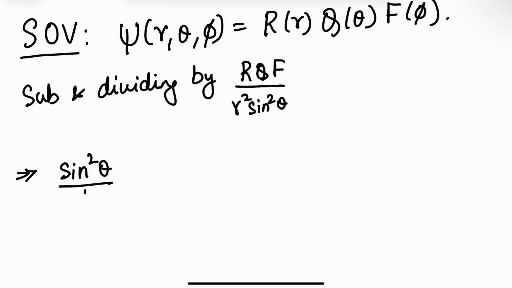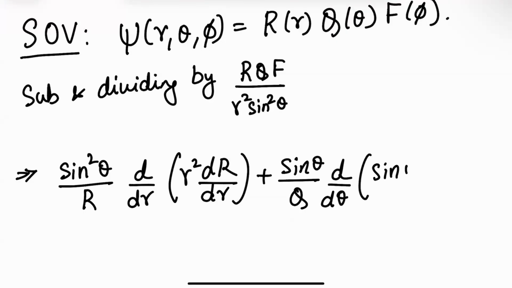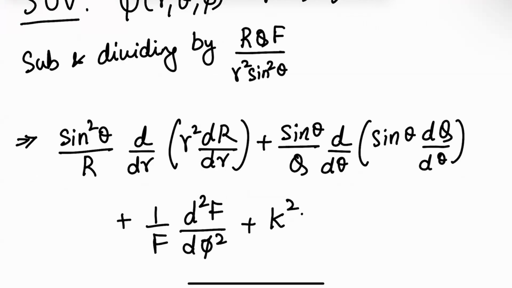sine squared theta over R, d over dr, r squared dR over dr, plus sine theta over Q, d over d theta, sine theta dQ over d theta, plus 1 over F, d squared F over d phi squared, plus k squared r squared sine squared theta equal to 0.